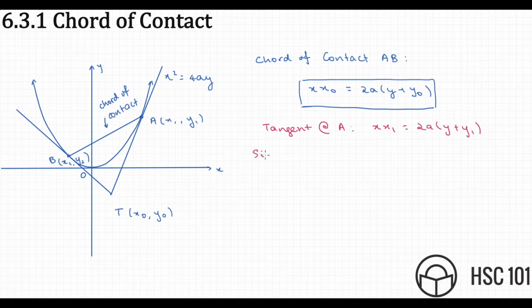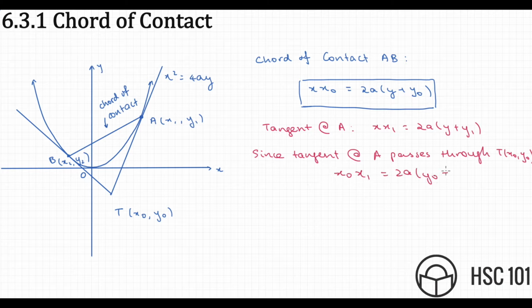So since the tangent at A passes through T, given by, of course, x0, y0, then we can say that x0 times x1 must equal 2a times y0 plus y1, and this is an identity.